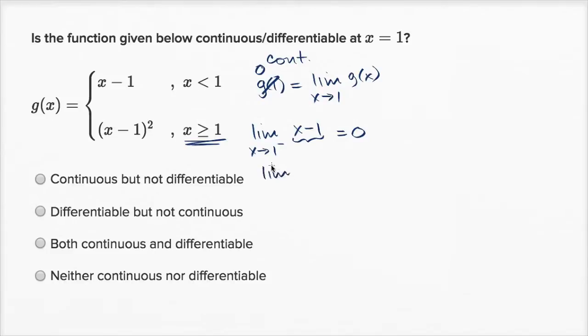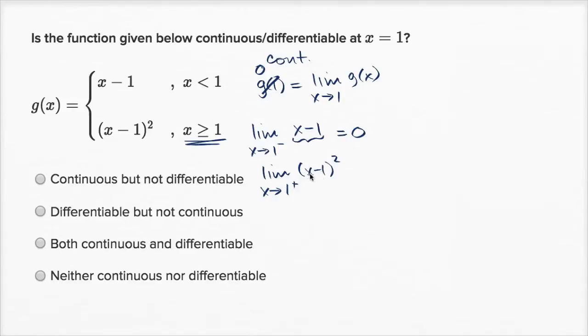Let's approach from the right-hand side. As x approaches 1 from the right-hand side of g of x, now we're falling into this case. If x is greater than or equal to 1, g of x is going to be x minus 1 squared. Once again, that is defined and continuous for all real numbers.